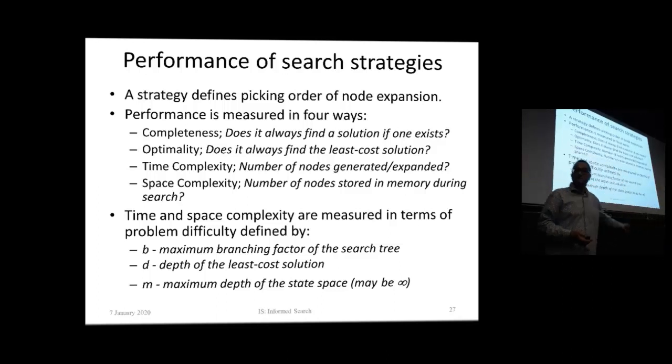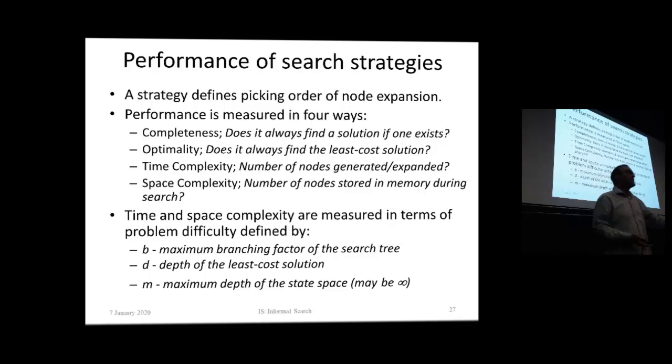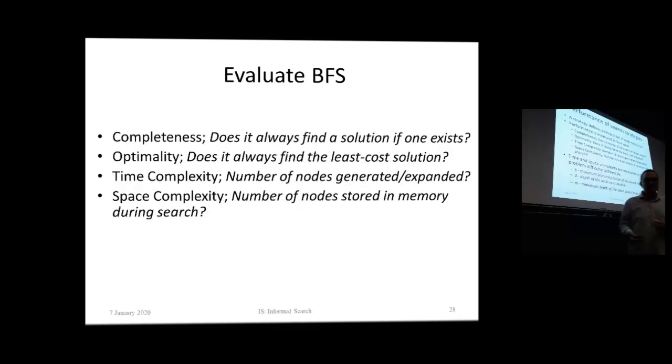But if it doesn't run forever, then you can determine the longest search that you might have. For example, if we have the card game of 5 cards, where you play your cards, we know that the maximum depth is 5, because you can only play 5 cards. And that would be n in this case.